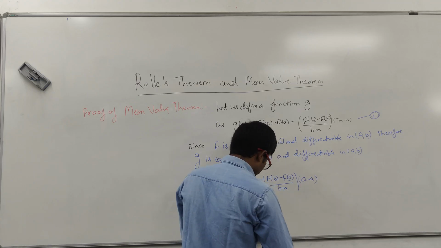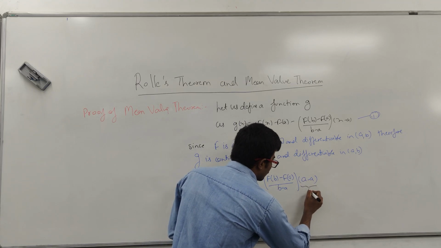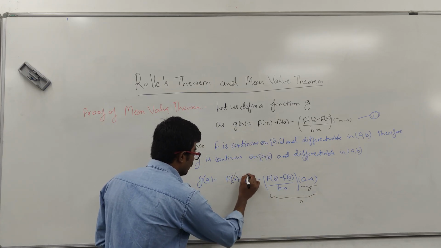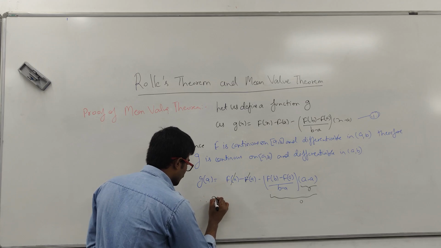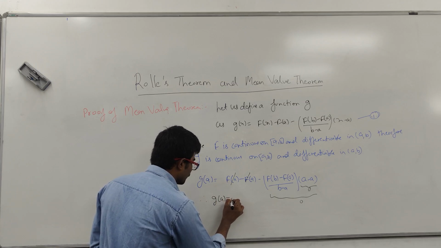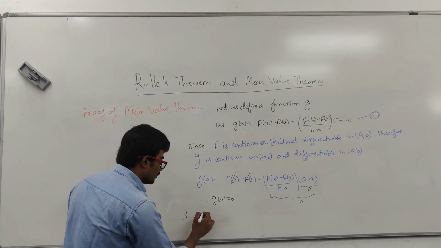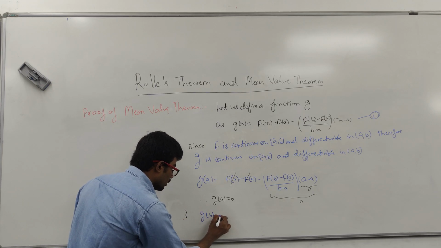Now this is 0, therefore this term is 0 and this term cancels out, therefore we get g of a equals 0.